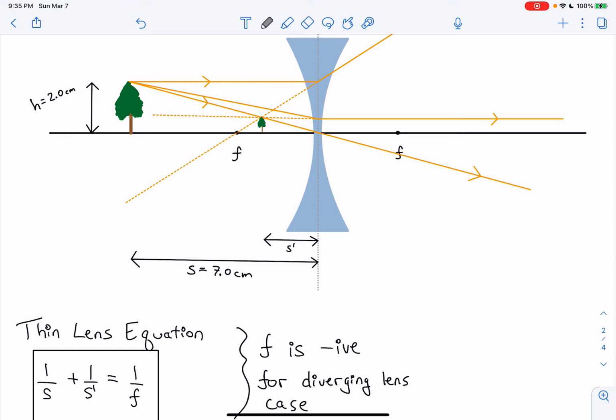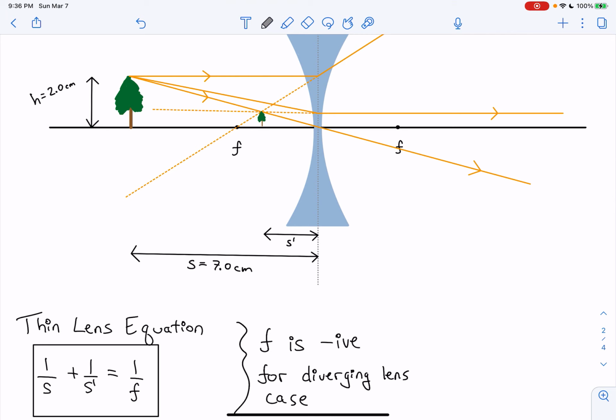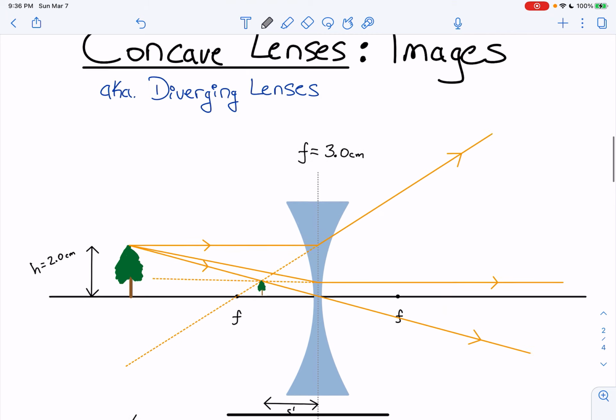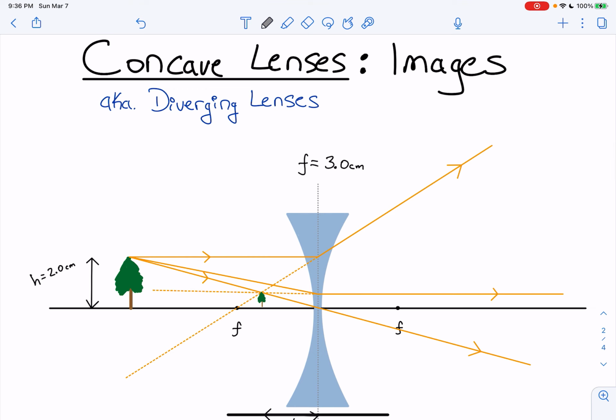However, it is a long process to actually do it and to do it really carefully so that the values you end up with are accurate. But that's how we do our ray tracing and calculation for images using a concave or diverging lens.